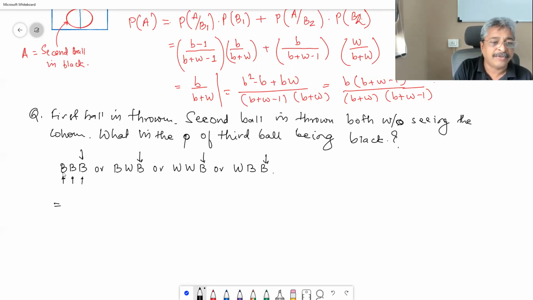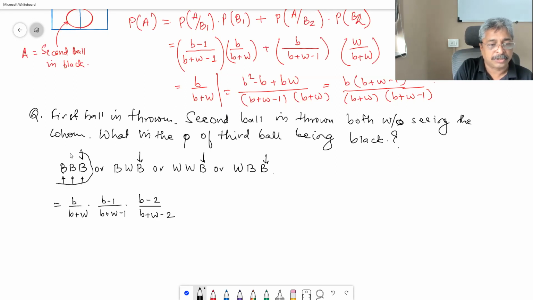Okay, we should write it that way. So the probability of the first ball being black is B upon B plus W, into the probability of the second ball being black given the first is black, B minus 1 upon B plus W minus 1, and the probability of the third ball being black, B minus 2, because the first two are already given to be black, upon B plus W minus 2.